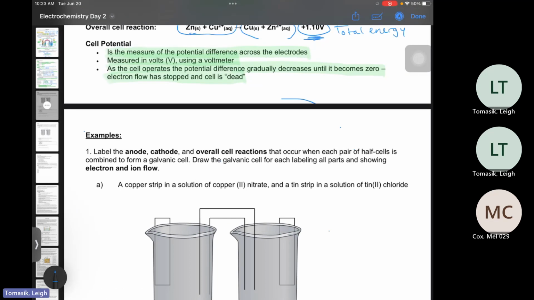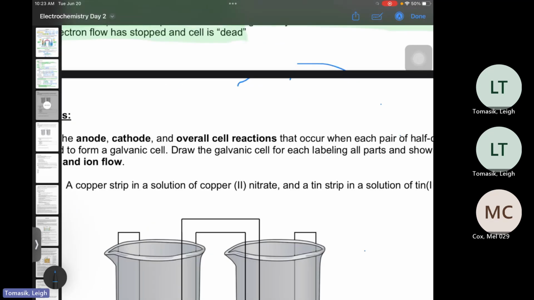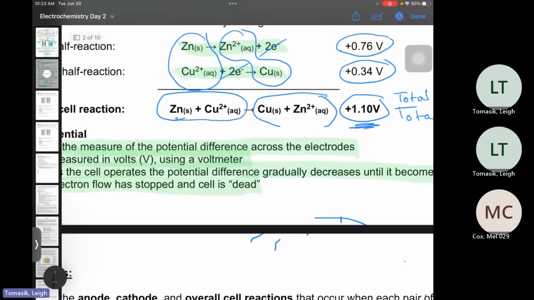As I was saying, if you have a multimeter at home, you can measure your batteries to see how fresh they are. If you have a regular zinc copper battery from the Dollar Store, if it's fresh, its voltage should be close to 1.10 volts. But over time, the potential difference is going to decrease as you run out of fuel in the battery, and this voltage will decrease.